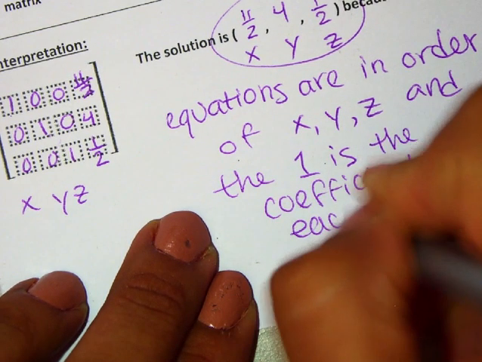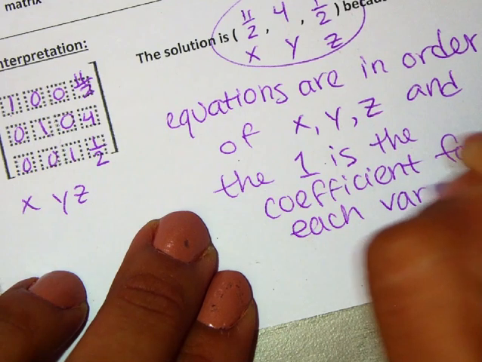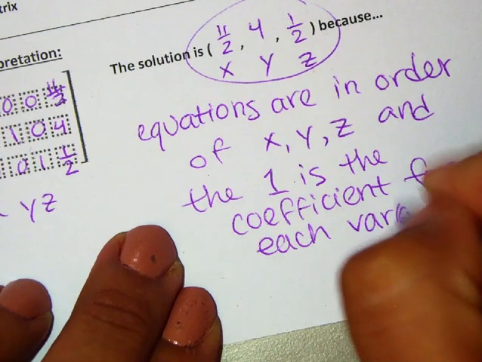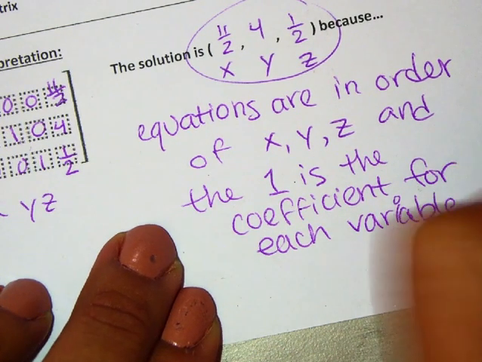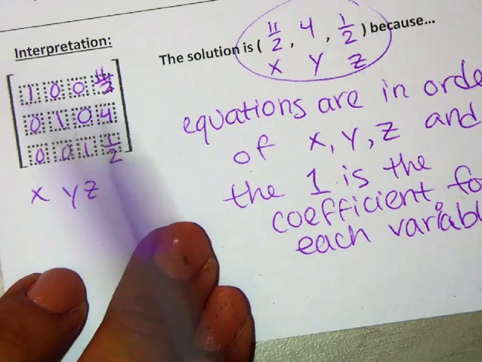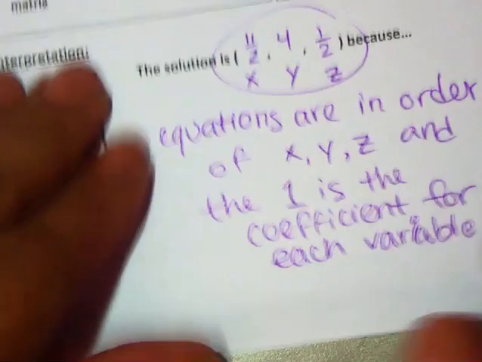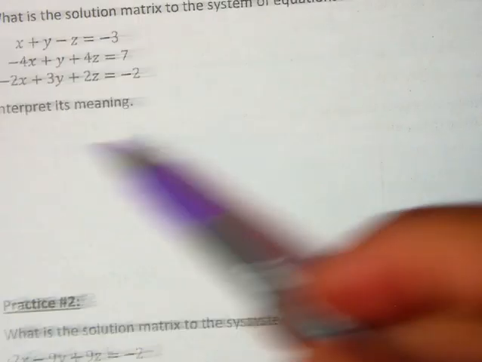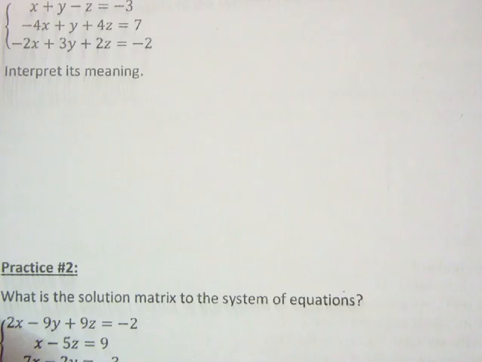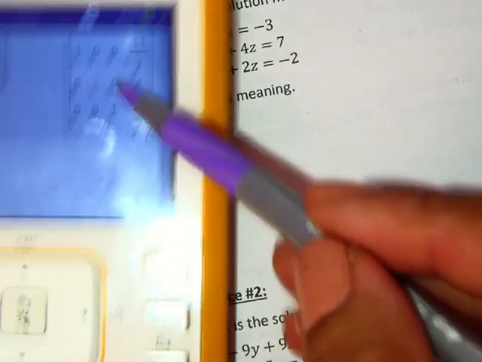So again, that's why there's zeros all around, because you're just giving the answer by telling you what each variable represents. Okay, so on your notes, you're going to practice these two examples right here, practice number 1 and practice number 2. Make sure you interpret its meaning, what the answer in your calculator represents.